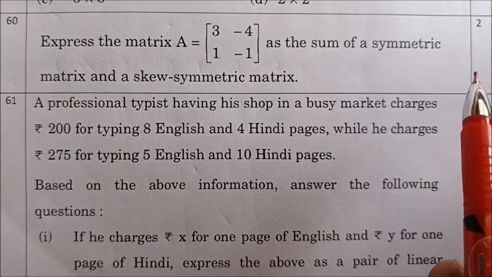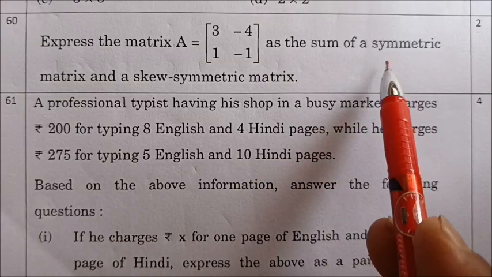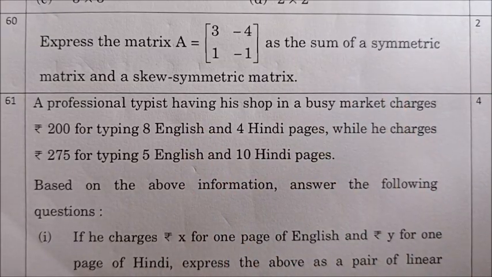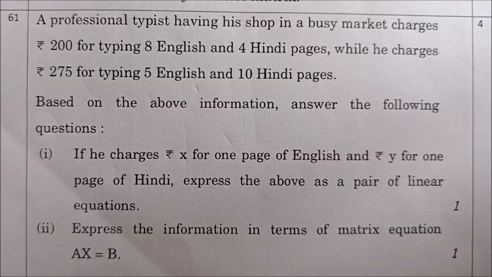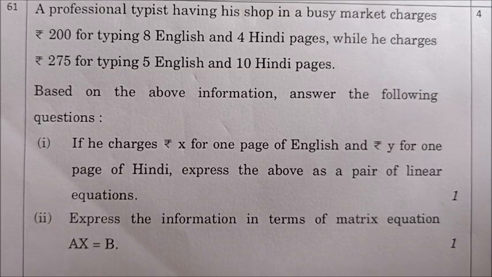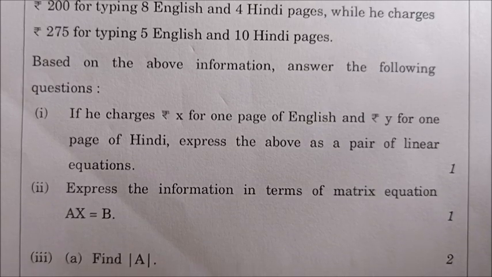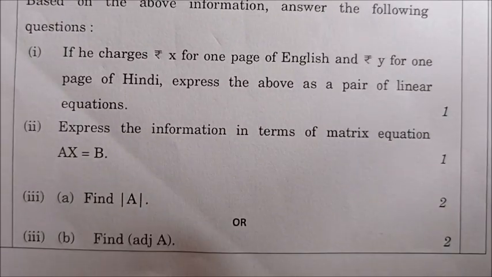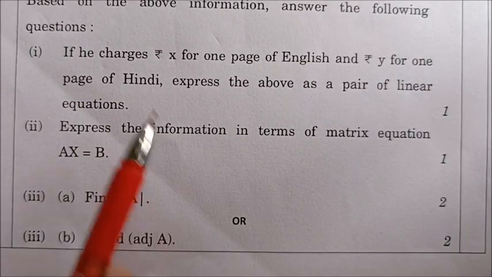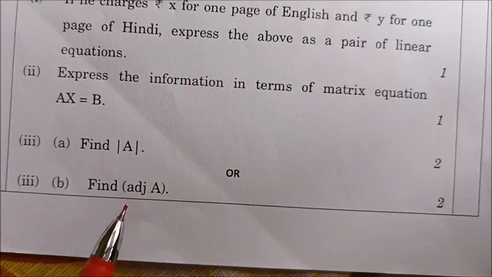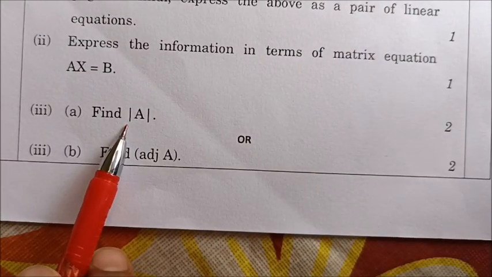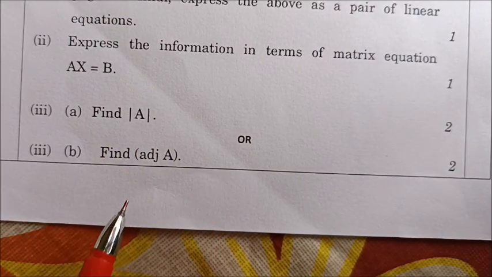The first matrix will be symmetric, the second will be a skew symmetric matrix. This question is quite similar to the value based question that we have done before. I'm sure you can express the matrix equation of this question and also find the determinant of A, or you can find the adjoint of A also.